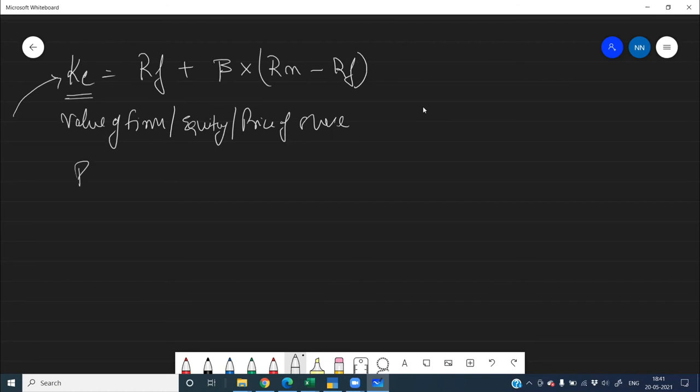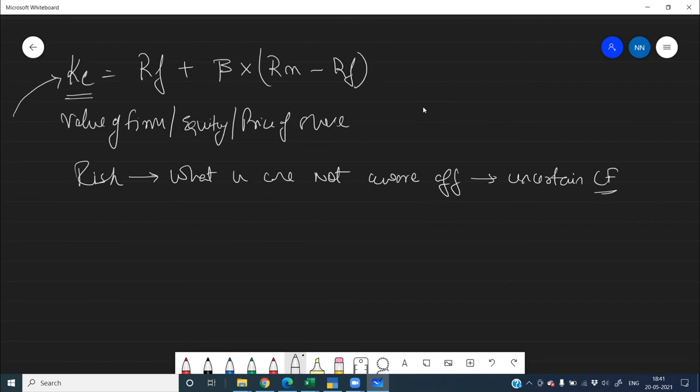What is risk? Risk is what you are not aware of, or I can say as uncertain cash flows. Whatever you are uncertain about, that is what you try to discount with the KE.